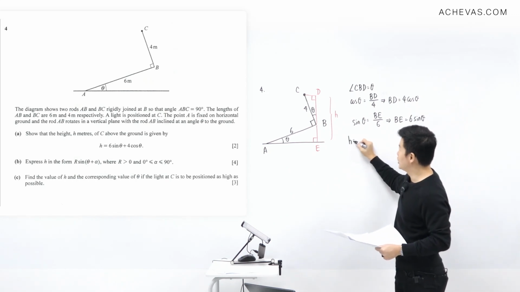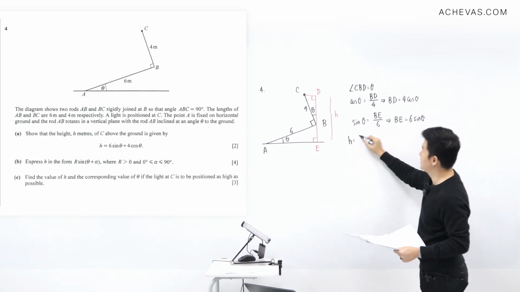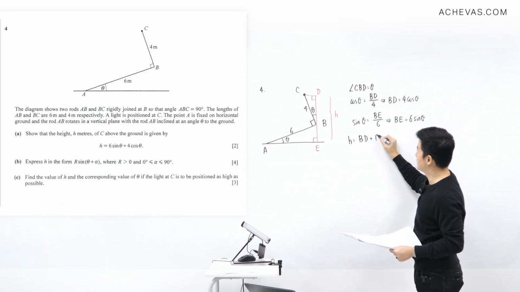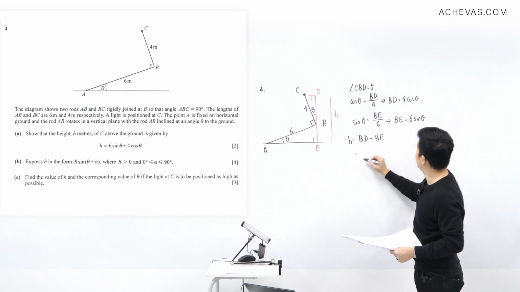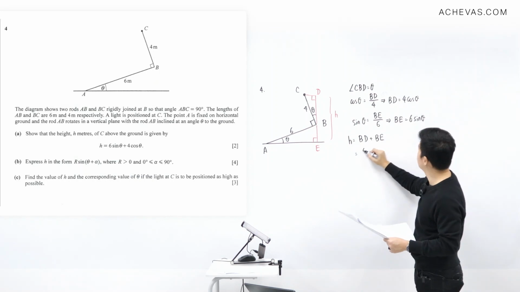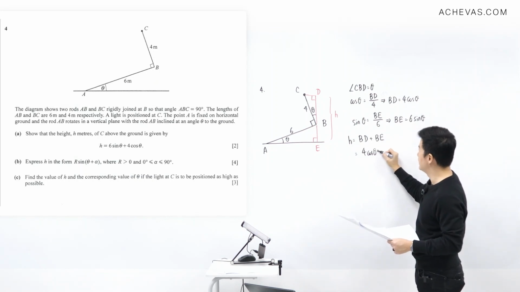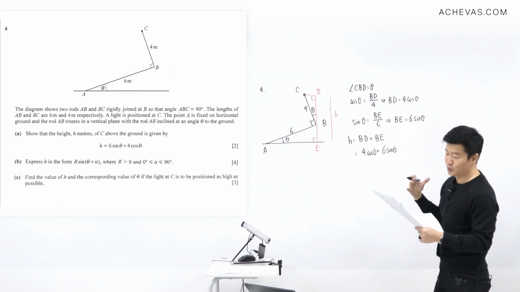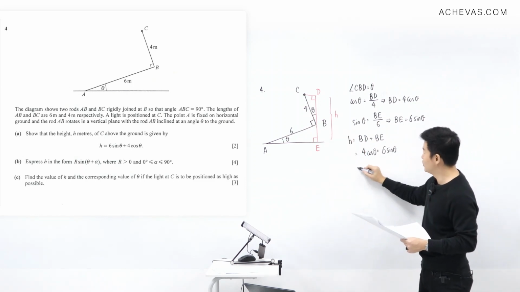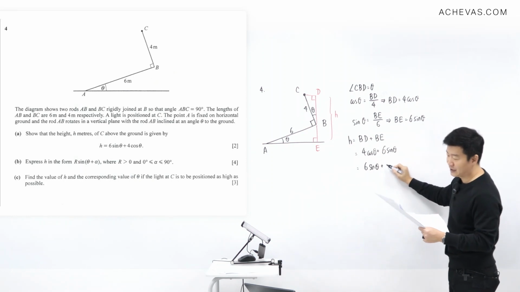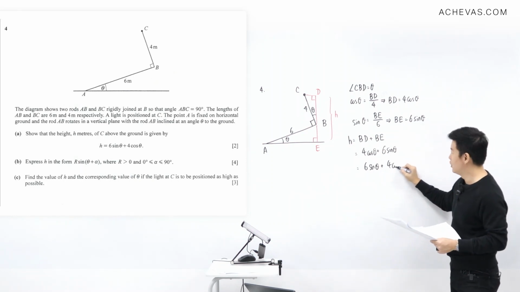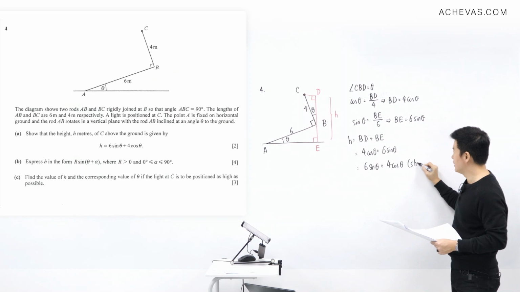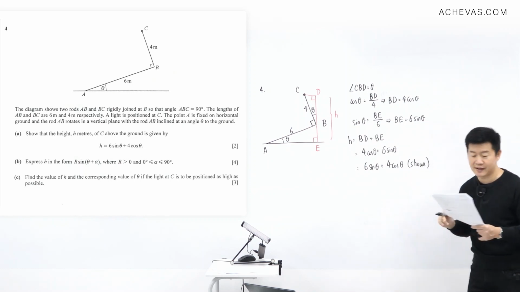So we know what h is. h is going to be equal to BD plus BE, which is 4 cosine theta plus 6 sine theta. If we compare to what the question wants us to show, we just need to rewrite this as 6 first. So 6 sine theta, then plus 4 cosine theta. This is what the question requires us to show.